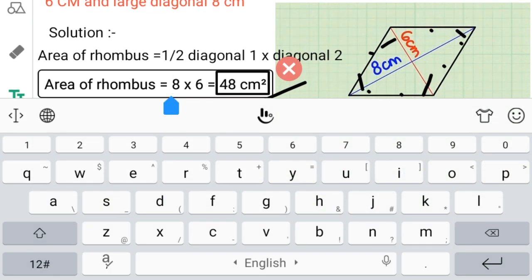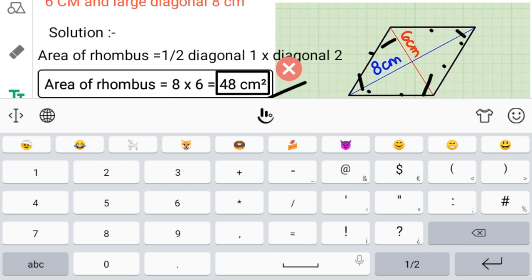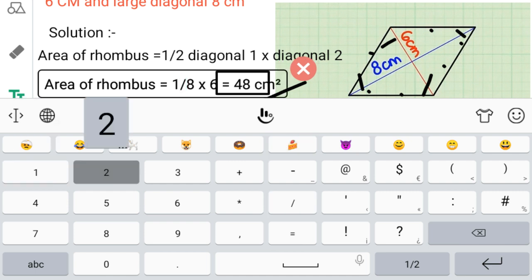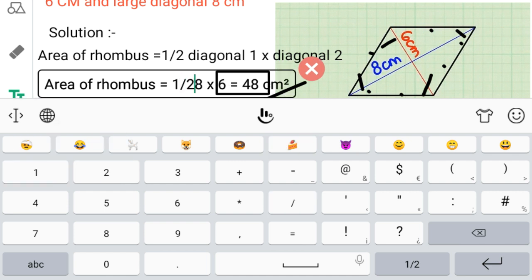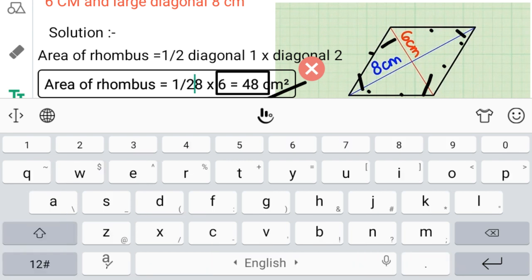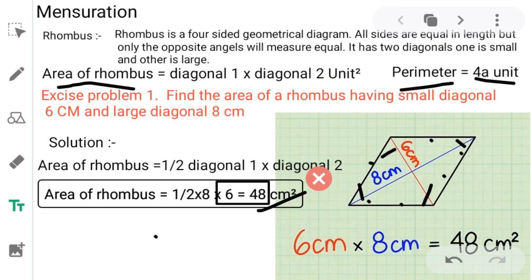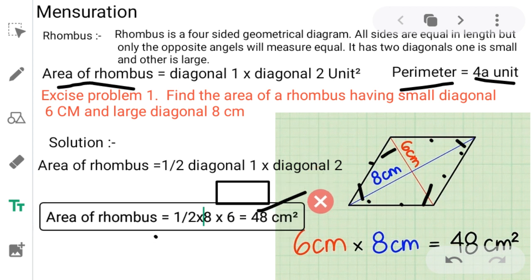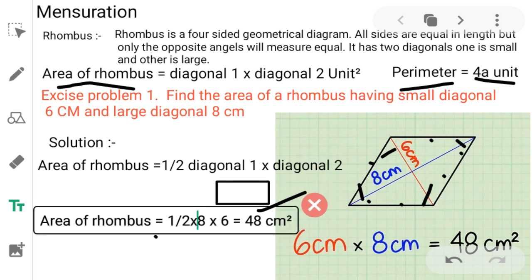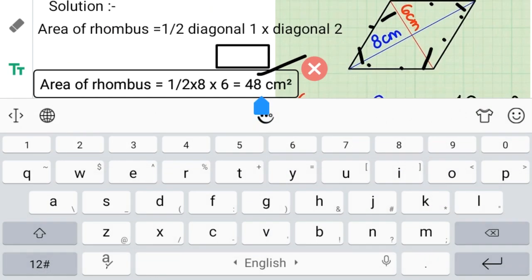That means the 1 by 2 will be multiplied with the final answer. Then it will be 24. The answer will be 24.